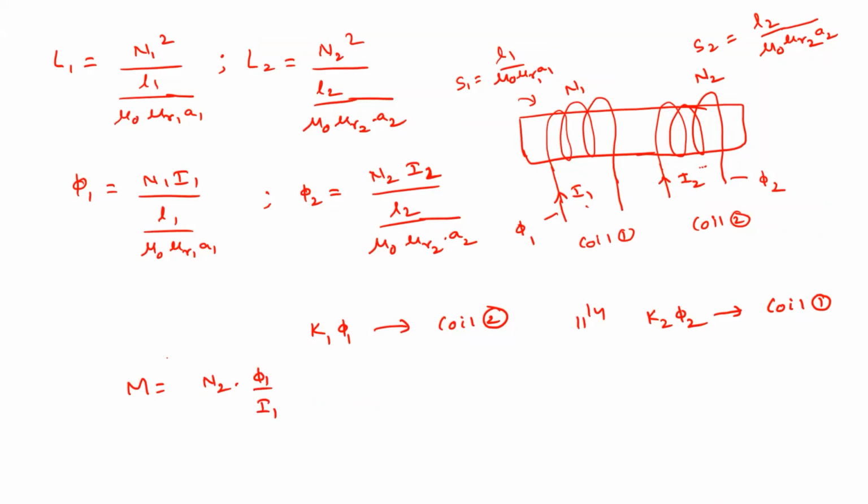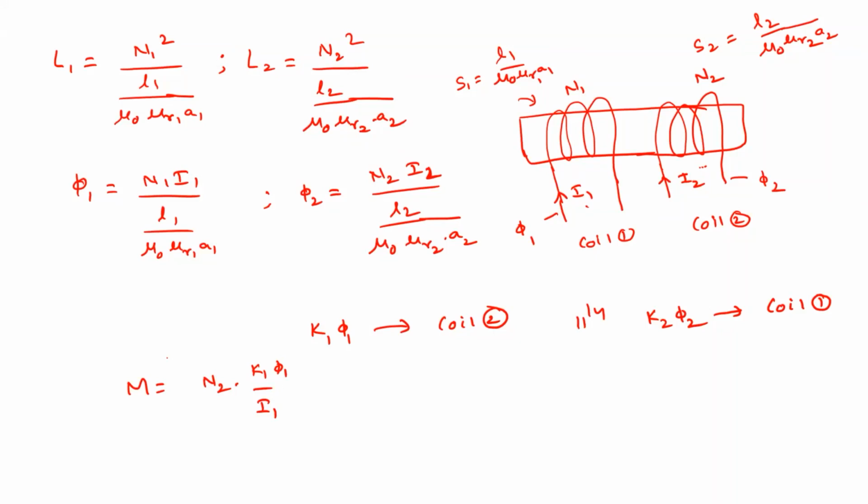But phi1 means all the flux produced by coil 1, and now only a fraction of this flux is linking. So how does it change? It becomes K1 into phi1, so M equals N2 K1 phi1 by I1.